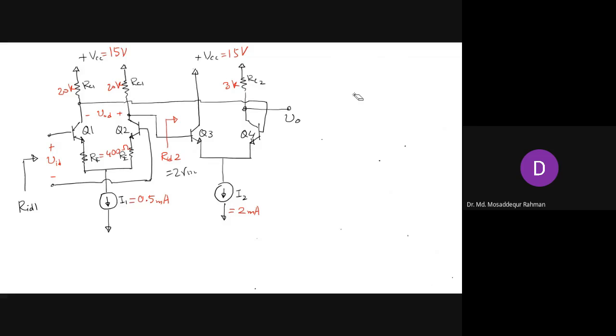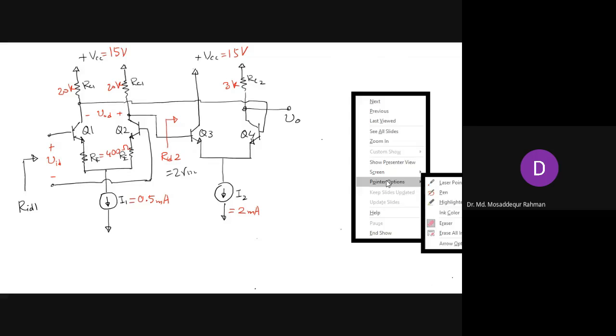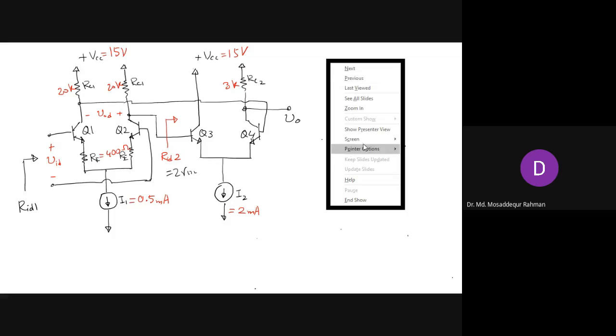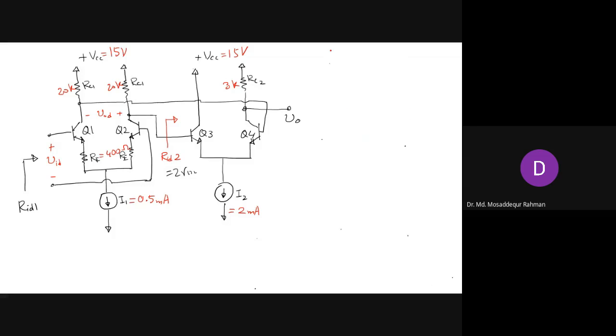So now we see another aspect of this differential amplifier. That is the DC analysis.